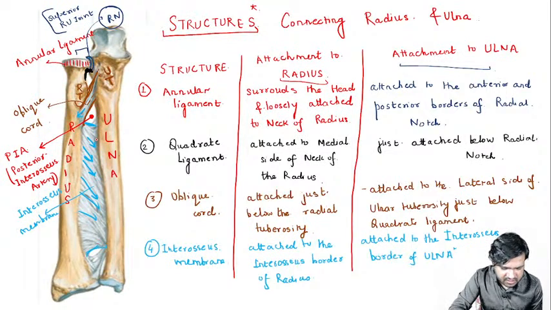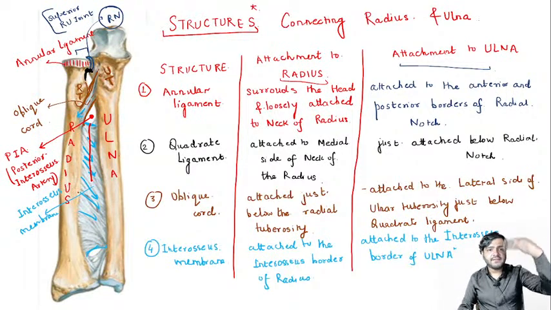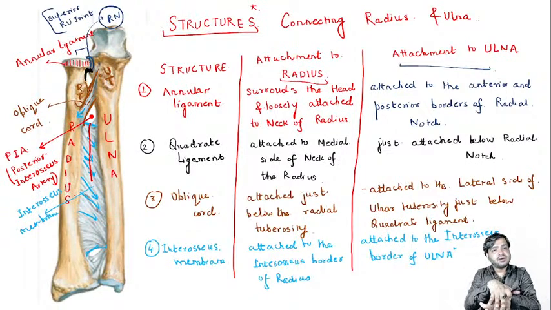It is the posterior interosseous artery, and one artery is traveling above the interosseous membrane, interosseous membrane के ऊपर से जा रही है.